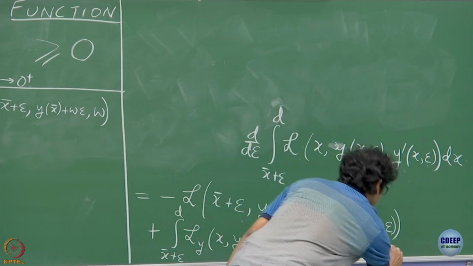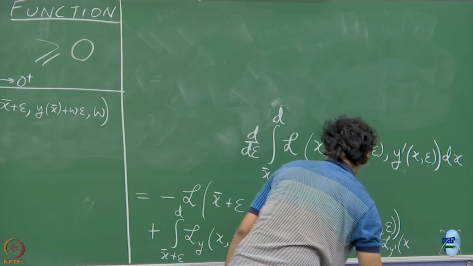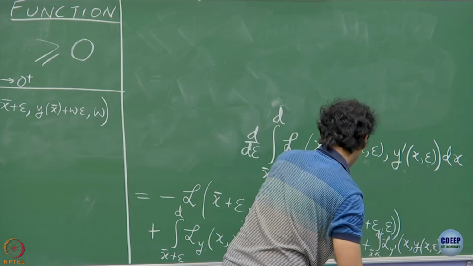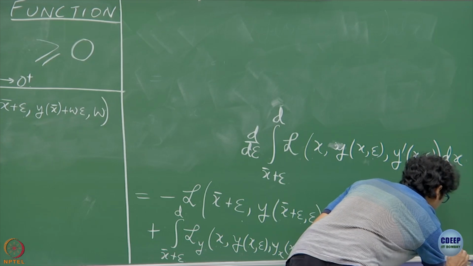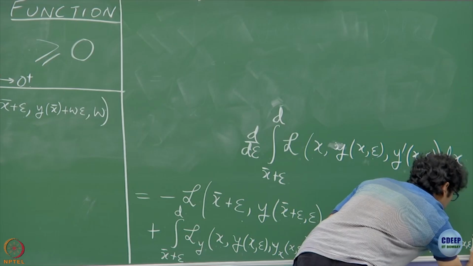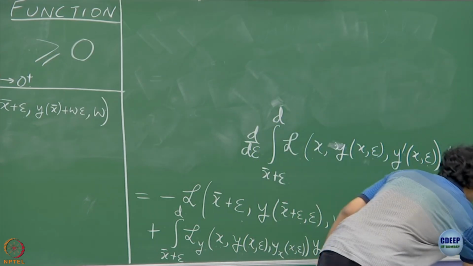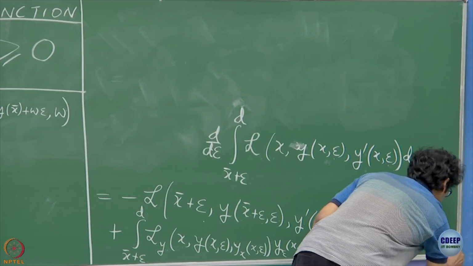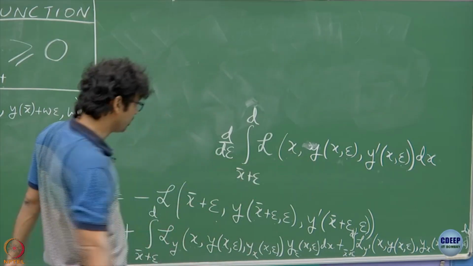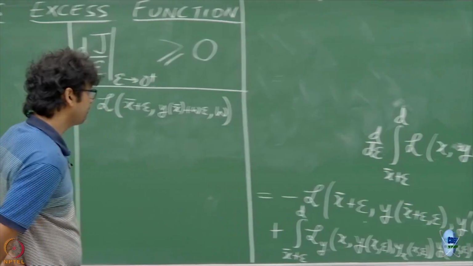It is L y prime, and I'm going to write x, y x comma epsilon, y x x comma epsilon times y x epsilon, the double partial, dx. Sorry about that puny little space over there. That's what there is to this term.